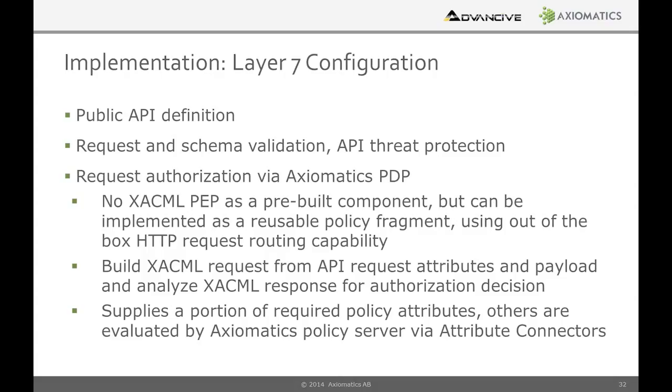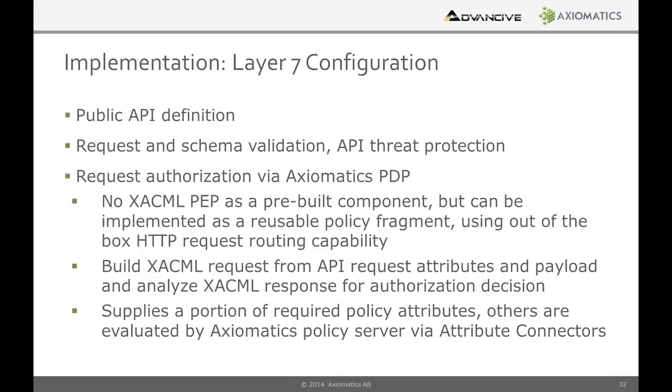It performs a number of different things on the API. It can do request validation, it can do schema validation, you can implement API threat protection, and we can also authorize the requests to the APIs through an externalized authorization framework, such as Axiomatics.